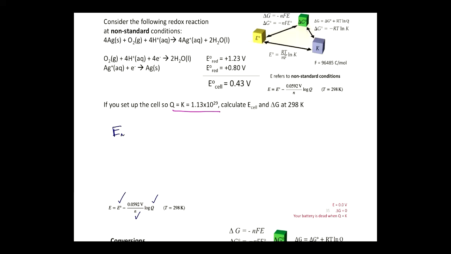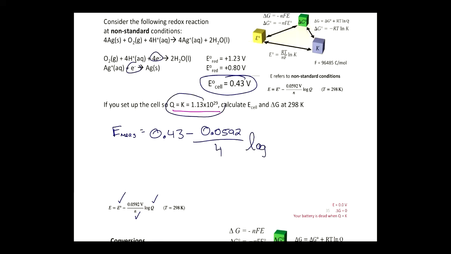All right, so what we will measure is equal to the standard cell potential, 0.43, minus 0.0592 over N. What did we say N was? 4. And then log of Q. We're going to set up this reaction so it's already at equilibrium, so we're going to set Q equal to K. So we're going to do log of 1.13 times 10 to the 29.